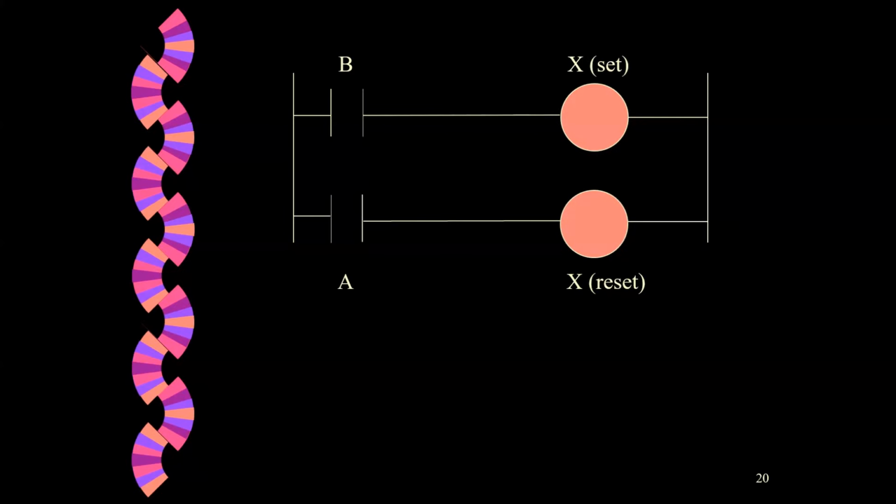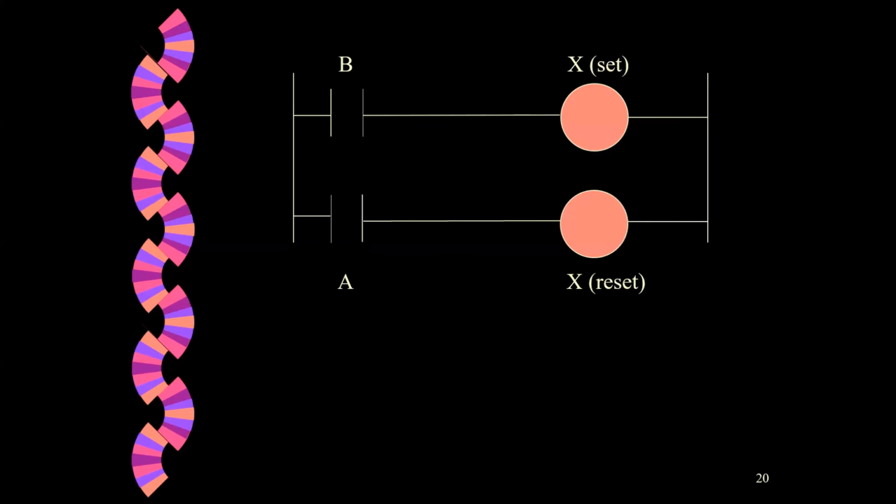But if B goes down in the traditional route, the output X will go down. I don't want that. Let B go down, but I want to keep the X going. How do I turn off this motor, which is the X? Use another input. I've called it A, could be anything.